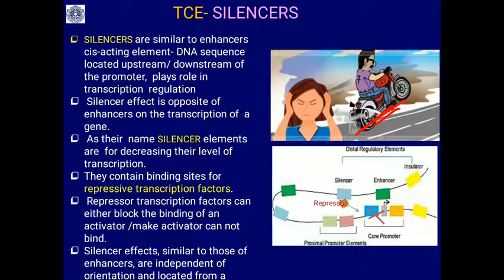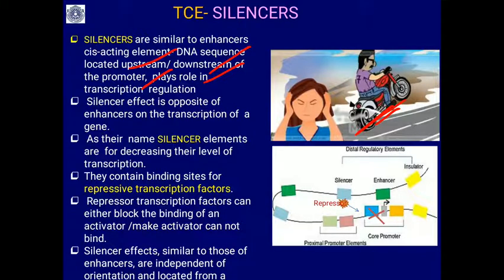The silencers are similar to the enhancers: cis-acting elements that are part of the DNA sequence. They are located upstream or downstream. Upstream means the DNA sequence is present on the right side of the transcription start site, and downstream means on the left side.